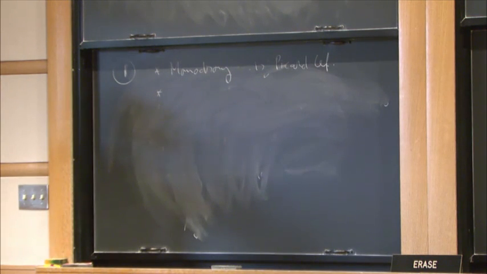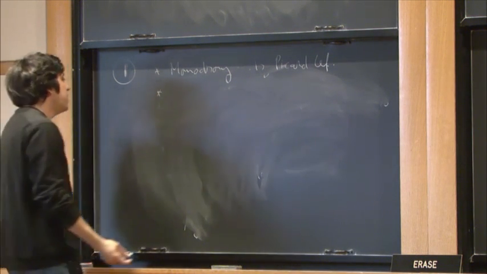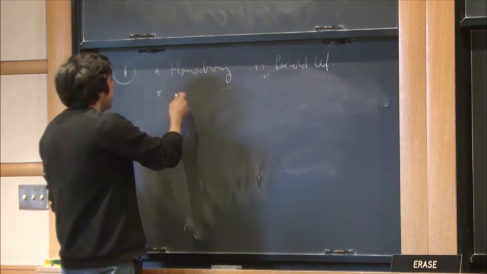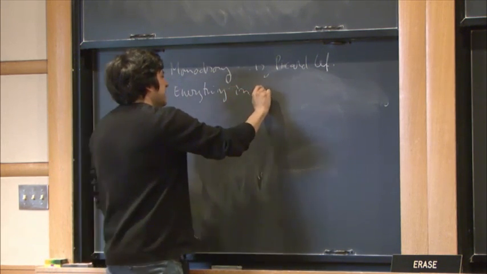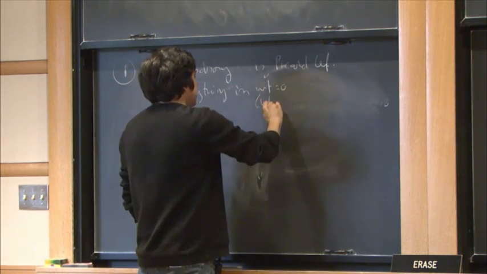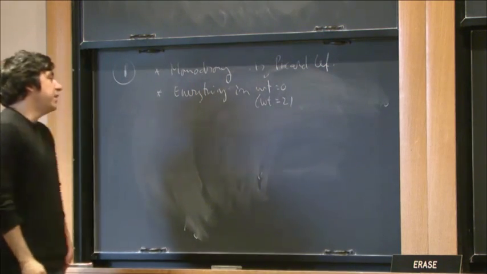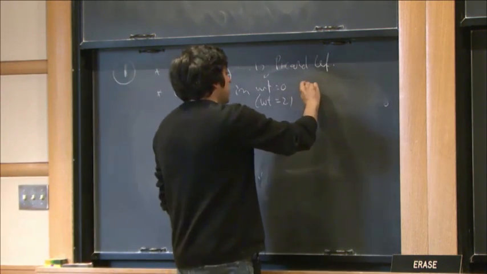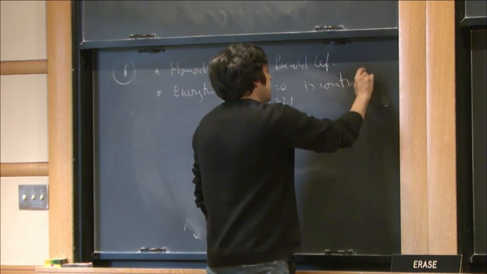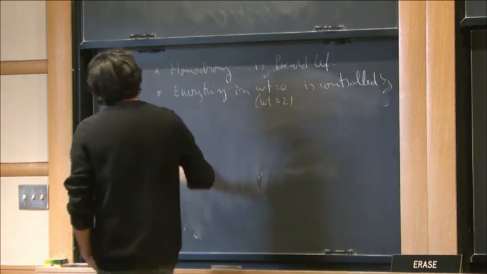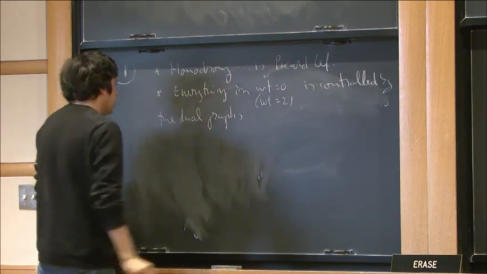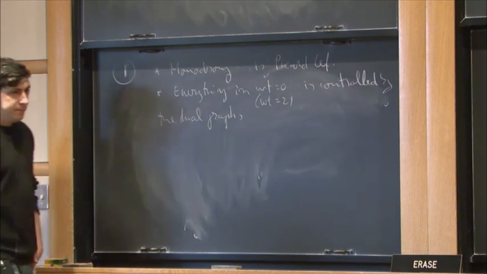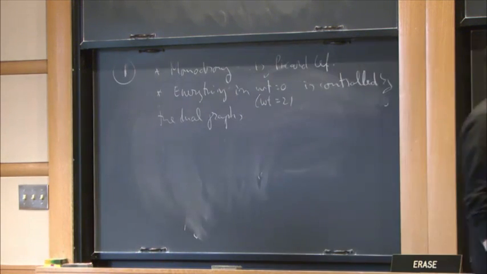The second thing that we know is that everything in weight 0, or in this situation, by some sort of duality weight 2, is controlled by the dual graphs.